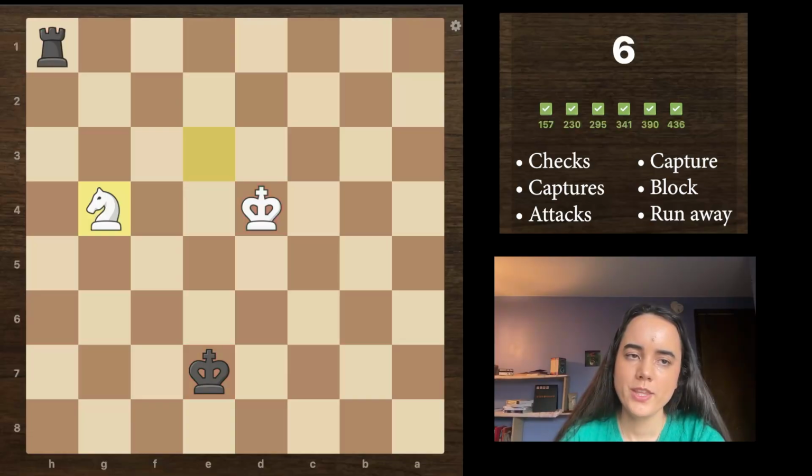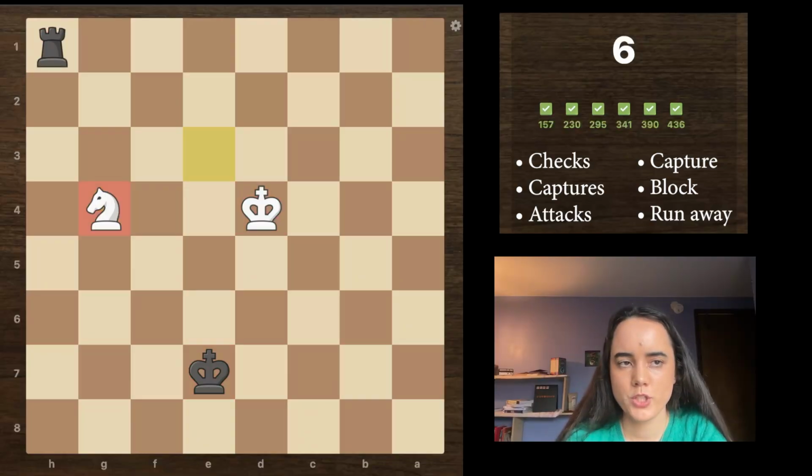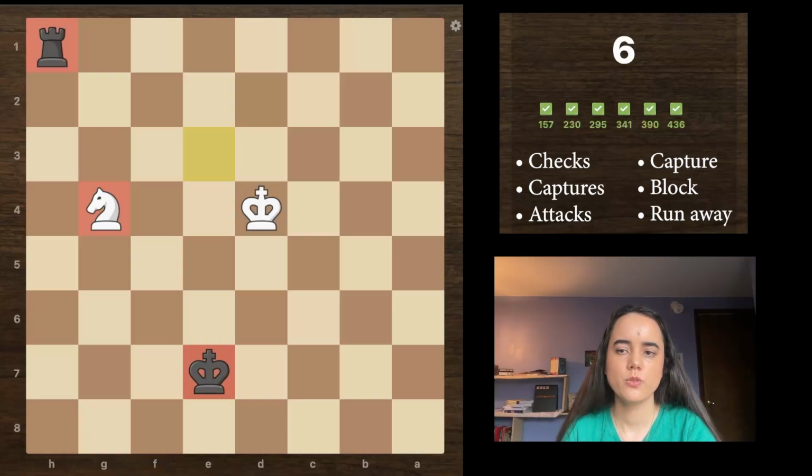Now, if we trade the rook for the knight, that would just be a draw, because we cannot checkmate with just our king. So we've got to find a way to take the knight for free.